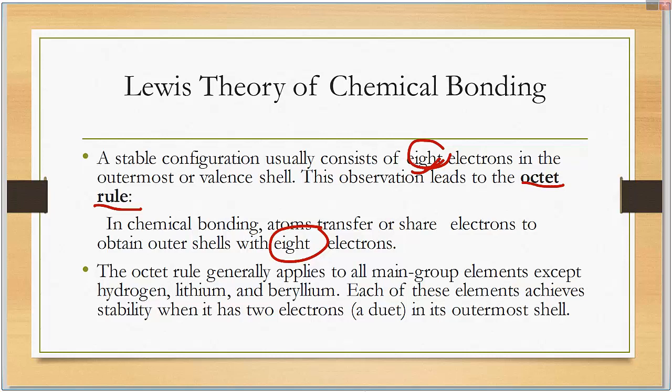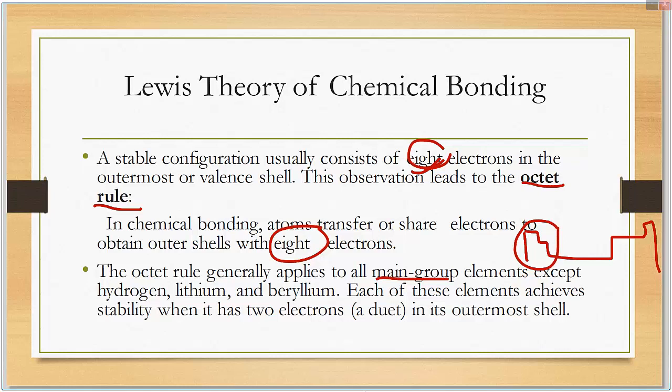The octet rule generally applies to all main group elements, except for hydrogen, lithium, and beryllium. When they're referring to the main group elements and you're looking at the periodic table, they're referring to the rows that are a little bit taller than the others.